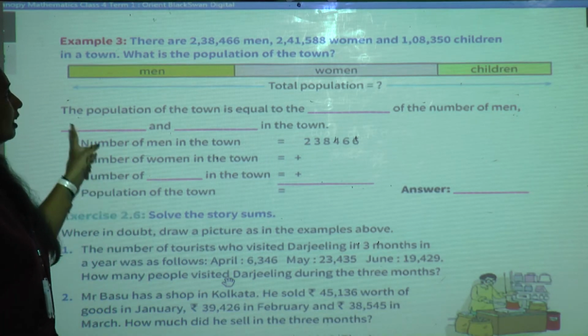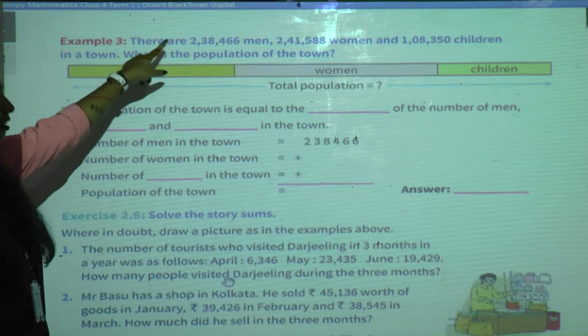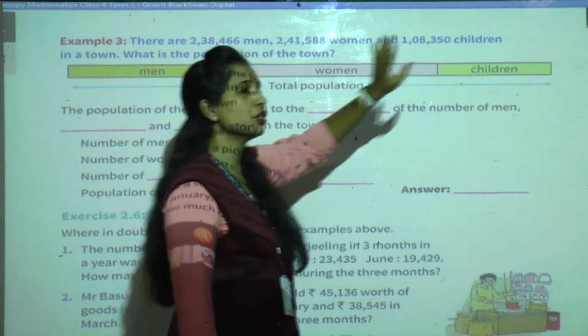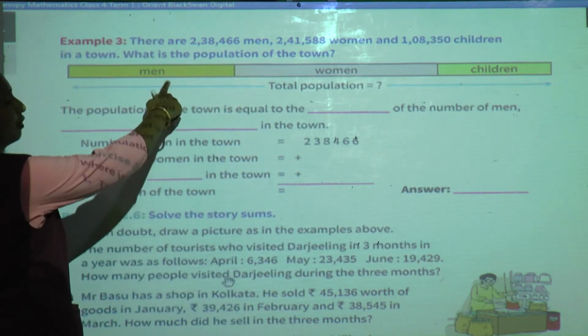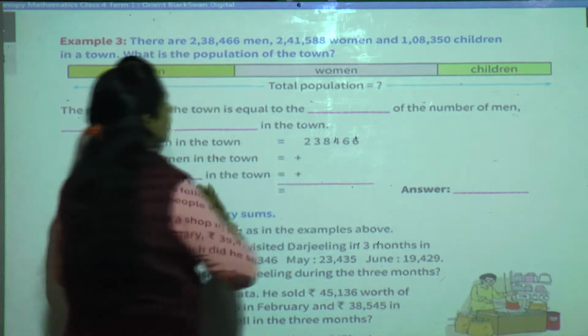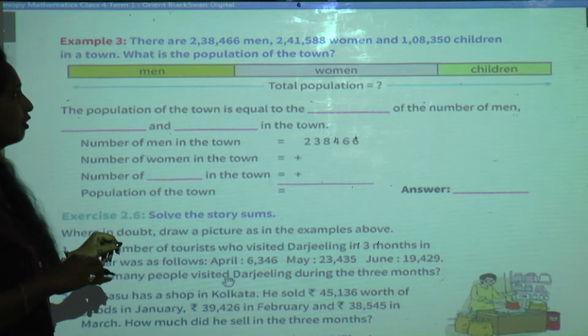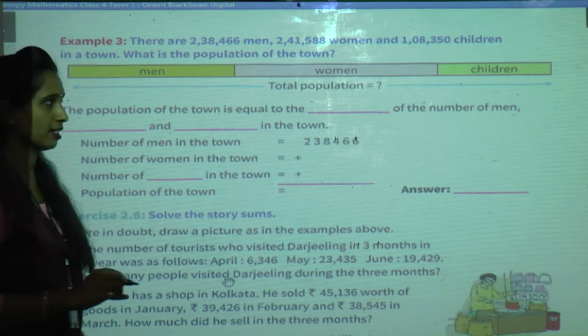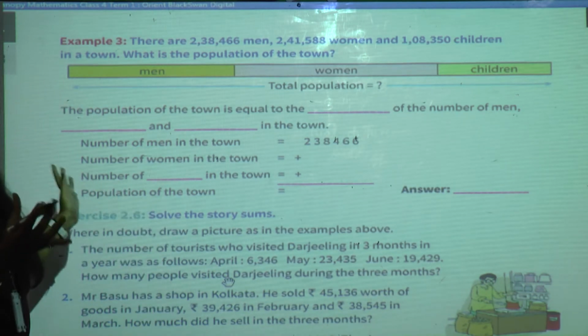In the given question, there are these many men in that town, these many women and these many children. You have to draw the picture of men, women and children. They have given the information, so we have to find out the total population. Population means the number of people who live together.